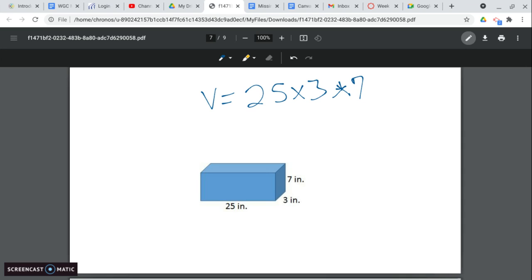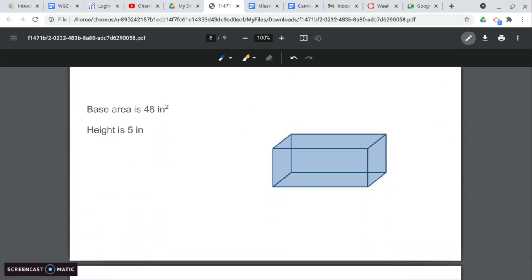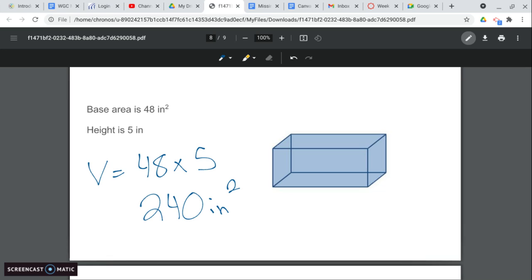So 25 times 3 is 75, times 7 is 525 inches cubed. All right, area of the base is 48, so volume equals 48 times the height of 5, so 48 times 5 is going to give us 240 inches squared.